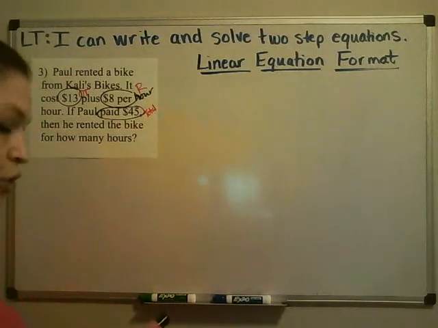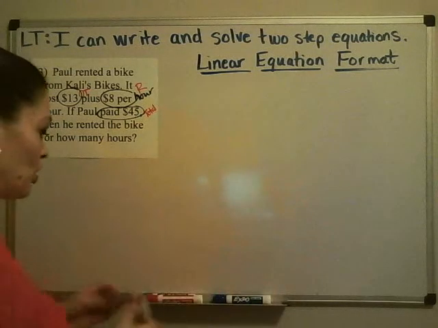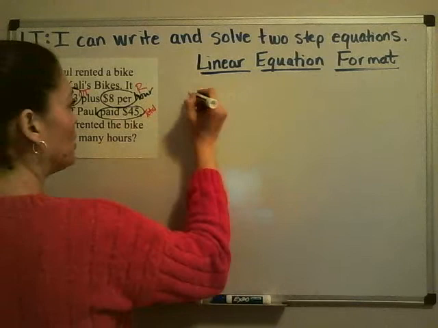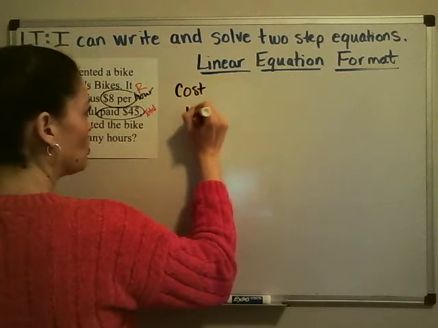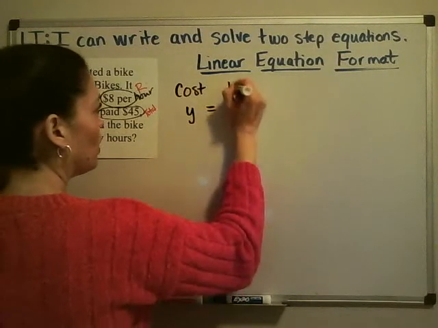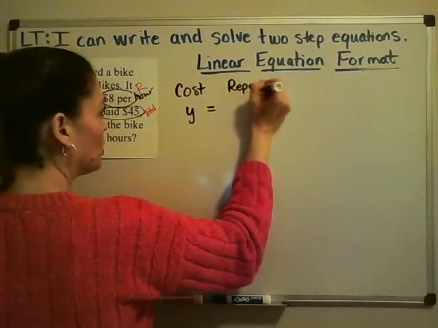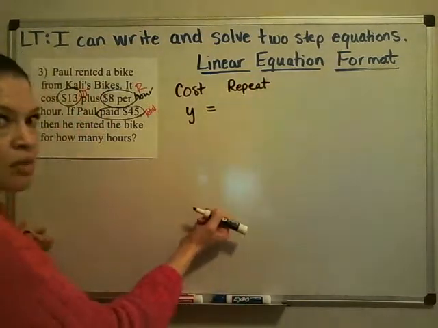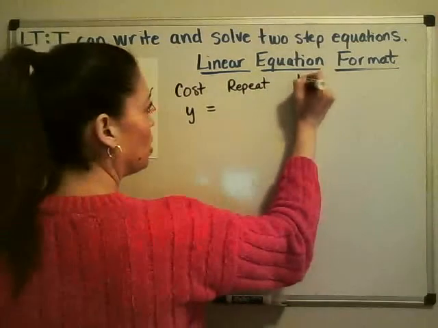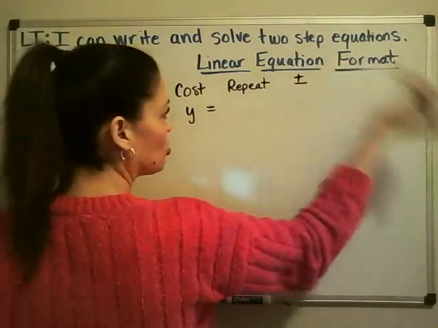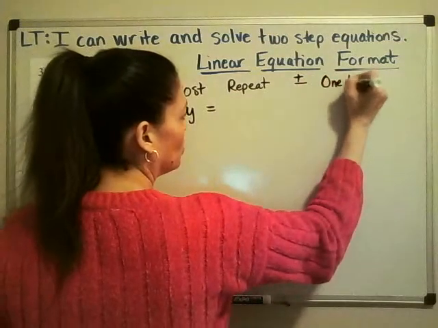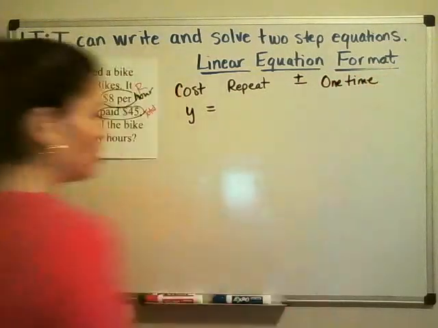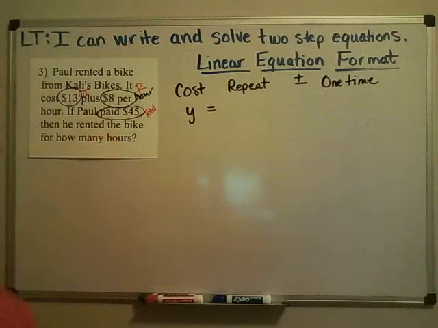Okay, now let's recall the formatting that I had taught you earlier. Y, or the cost, is always Y equals, then you have a repeat, and then you have a plus or minus, like a starting value or a one-time fee. One-time value. So let's plug in our numbers.